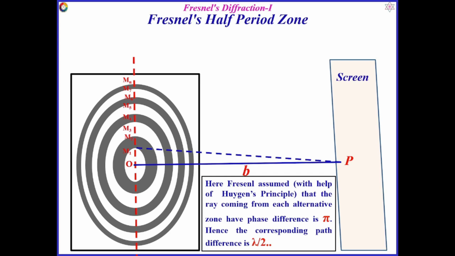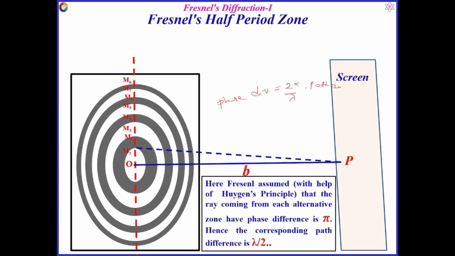We know that the phase difference is equal to 2 pi by lambda into path difference.